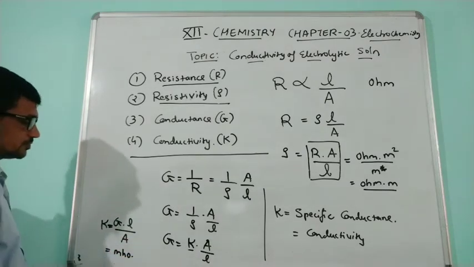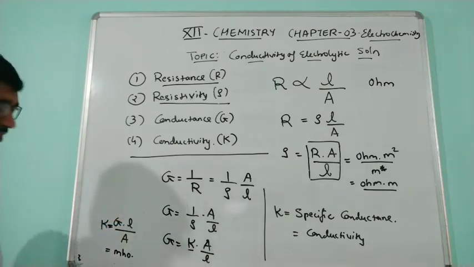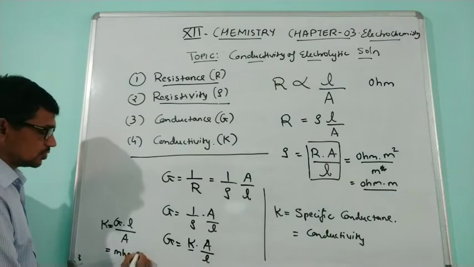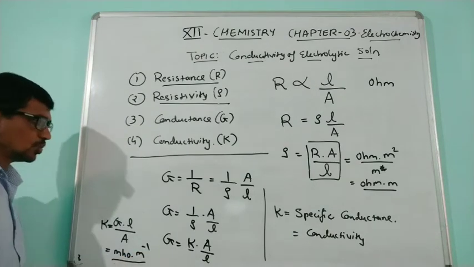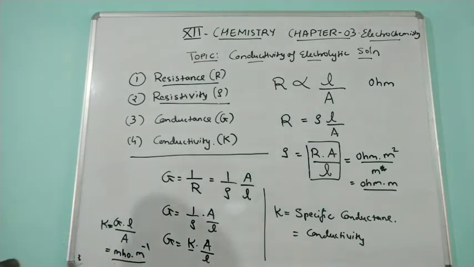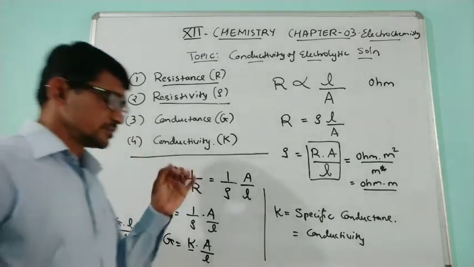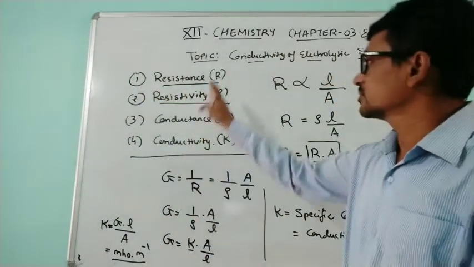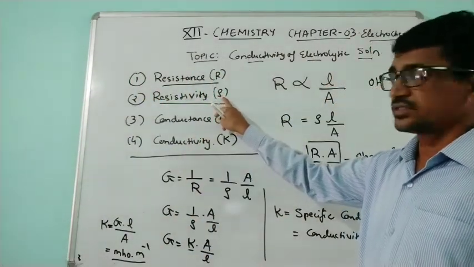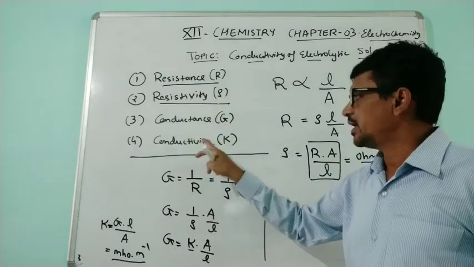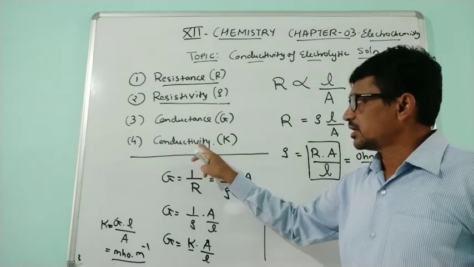Length by area: length we measure in meter and area in meter square, so it comes meter inverse, so the unit is mho meter inverse. In this way you can measure resistance, specific resistance known as resistivity, conductance that is G, and specific conductance that is conductivity.